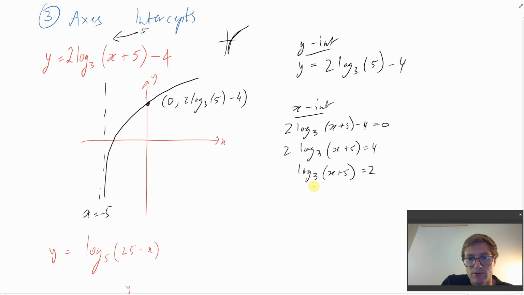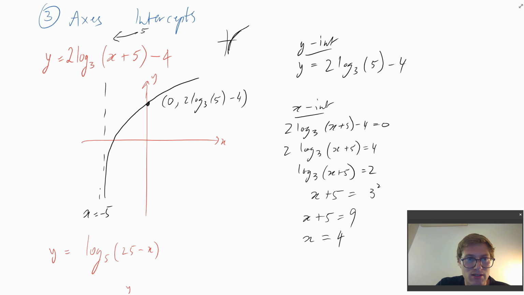Okay, now we'll do 3 to the power of both sides. 3 to the power of 2, 3 squared is 9. Subtract 5 from both sides, gives us 4. And at this stage I've realized that I've made a mistake somewhere, because otherwise it doesn't make sense.